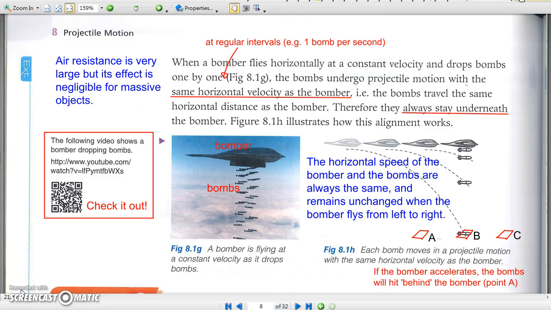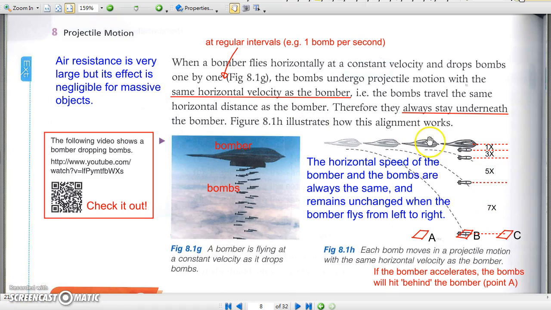In fact, when a bomber releases a bomb, the bomb will have the same horizontal speed as the bomber. So the bomb will always be underneath the bomber. And if bombs are released at regular intervals, the bombs will line up underneath the bomber with their separations in the ratio of 1 to 3 to 5 to 7 and so on.